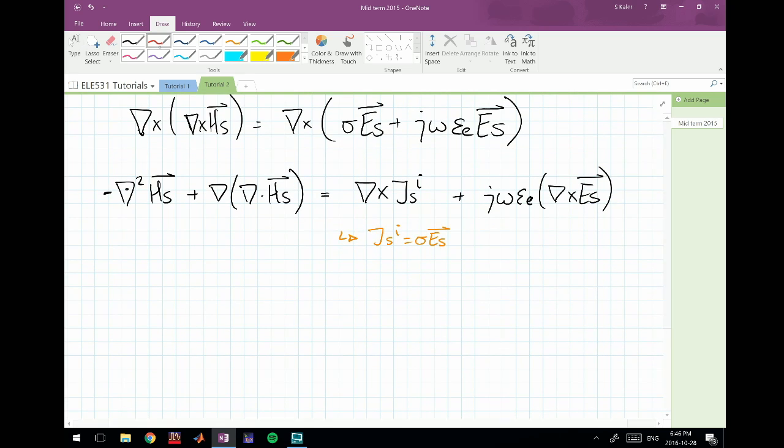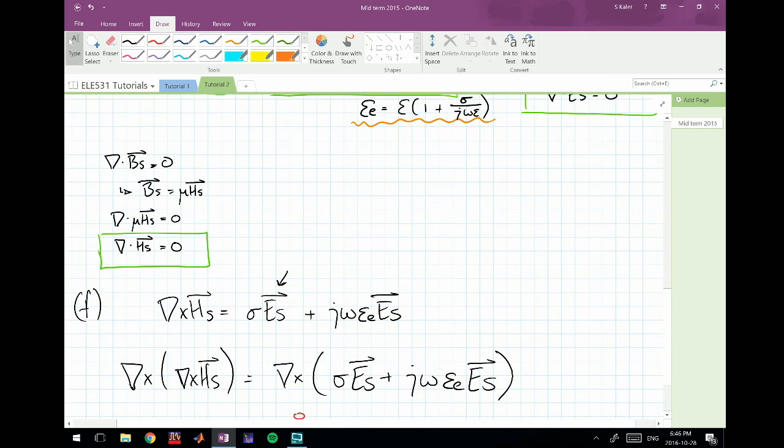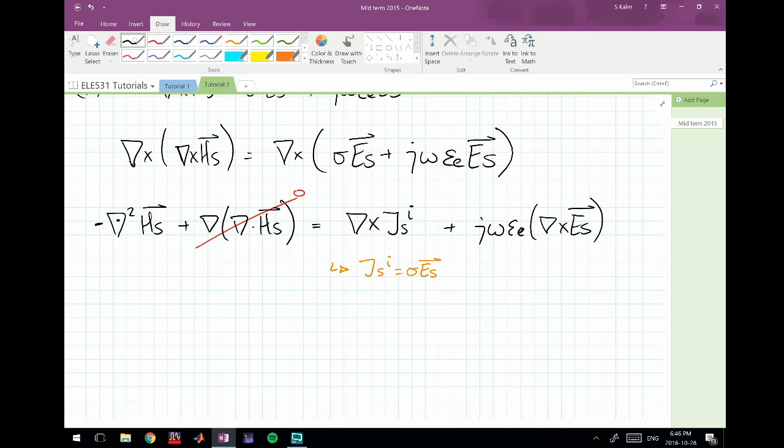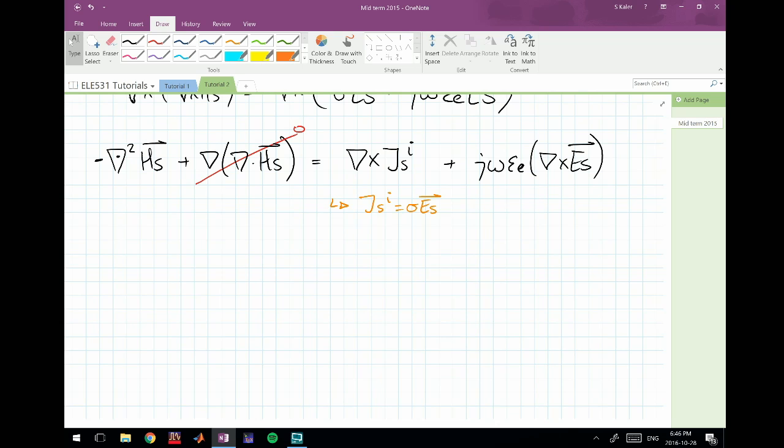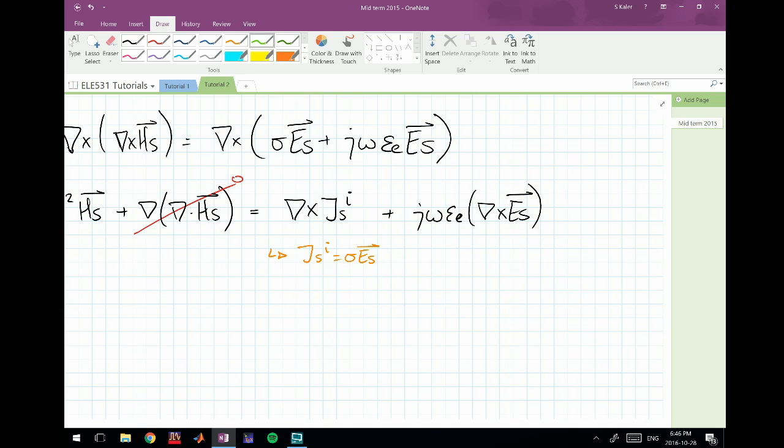Now, the thing to notice here is this is 0. Why? Because we established that right here. And so then I end up with this. Well, I know from here that the curl of ES is actually minus j omega epsilon E... no, that's wrong.